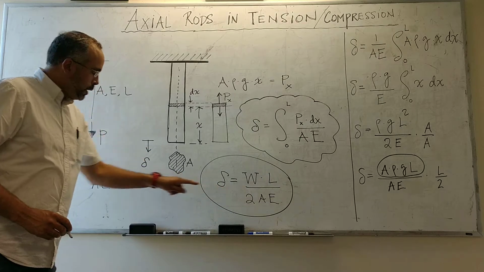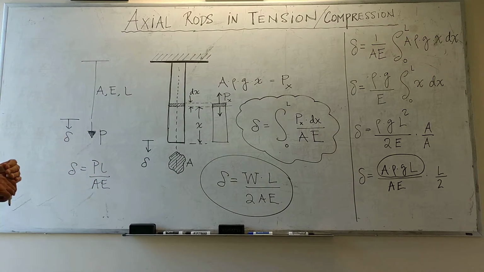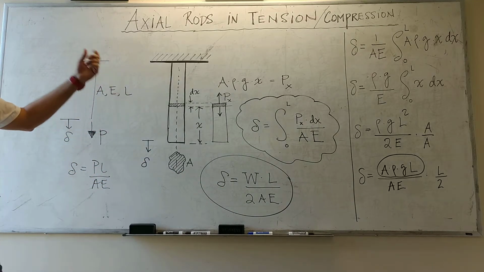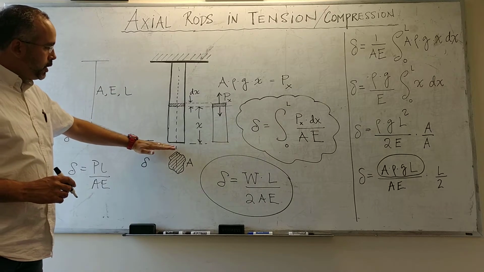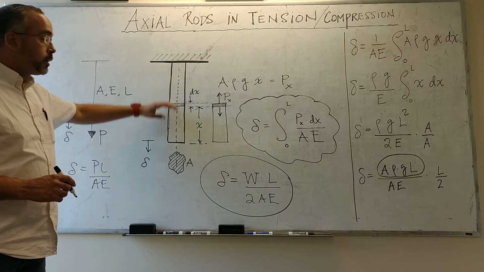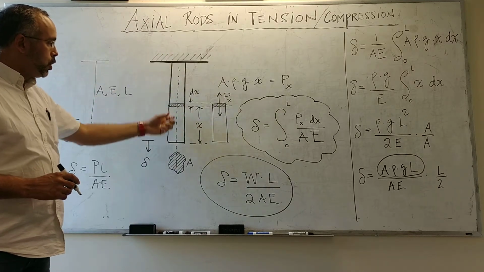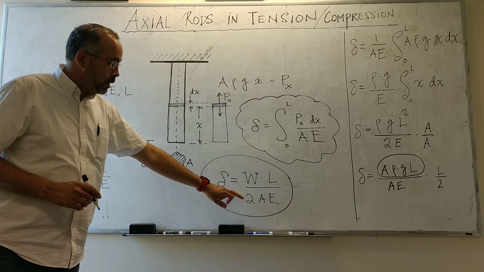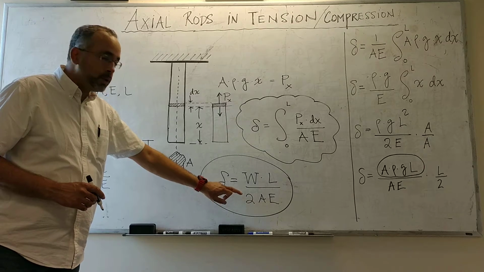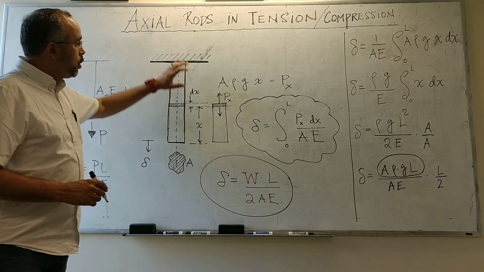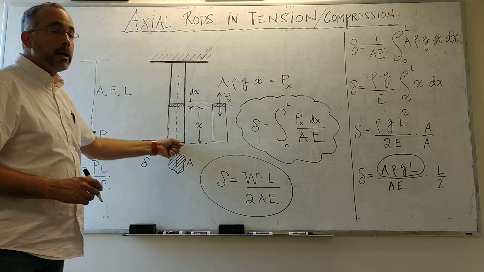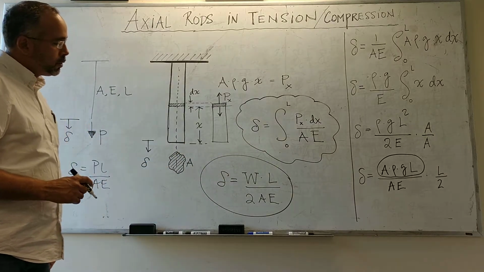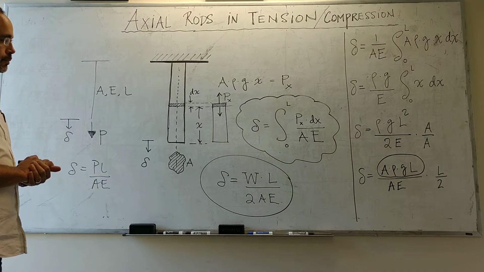So comparing these two, we can conclude that the deformation of a rod in tension due to its own weight is going to be half of the deflection that would have occurred if the whole weight of the rod was applied as a concentrated load at the tip.